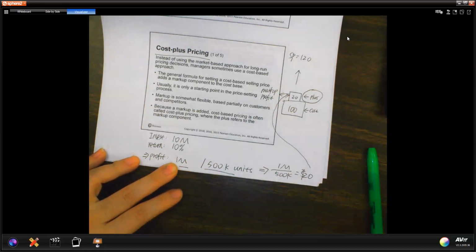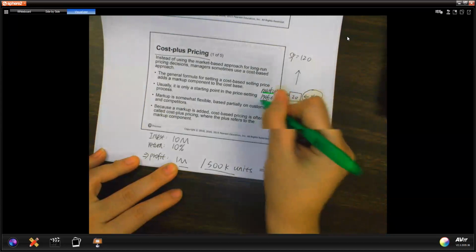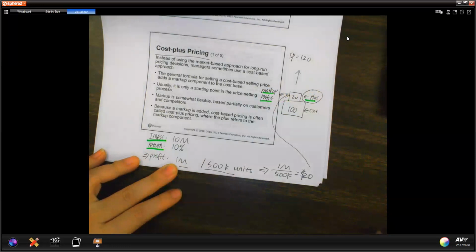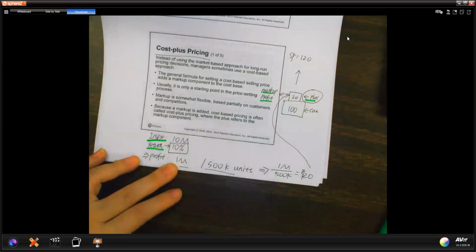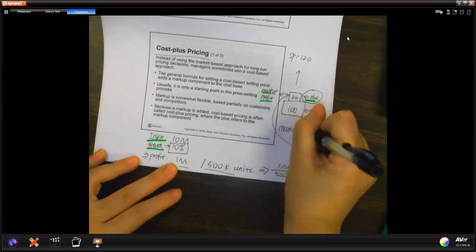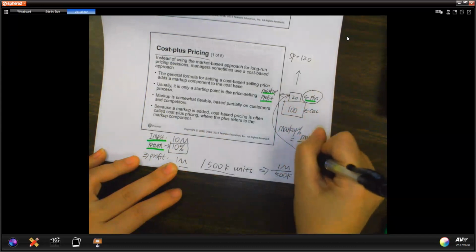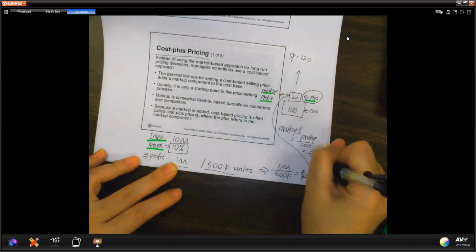So we get this plus, we get this markup, we get this profit based on our investment return. The 10% is our investment return. We also have another percentage called the markup percentage. Basically, it is your markup divided by your cost, 20 divided by 100 gives you 20%.